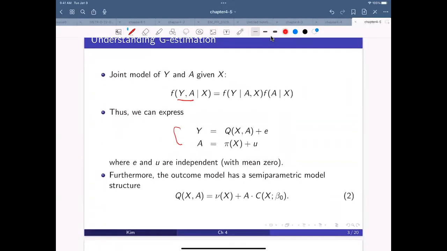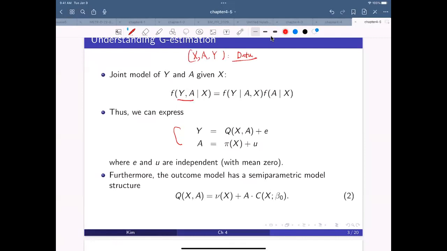So it's a model about the observation. X, A, and Y is our data, so we don't really introduce the potential outcome at all. We just use the model for the data.